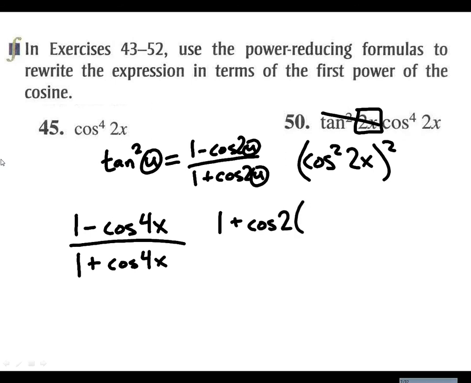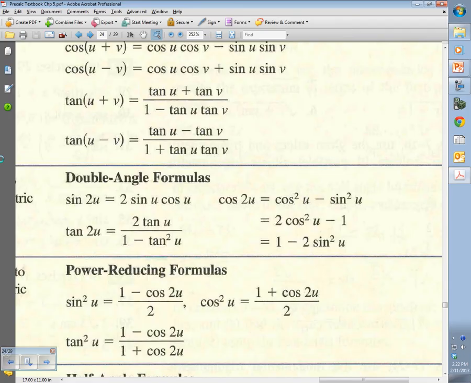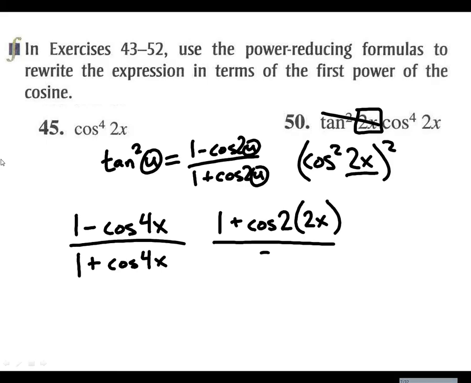Our u in this case would be 2x from the inside. All right, and that's over 2. However, this whole thing is squared, so we've got to square this whole thing.